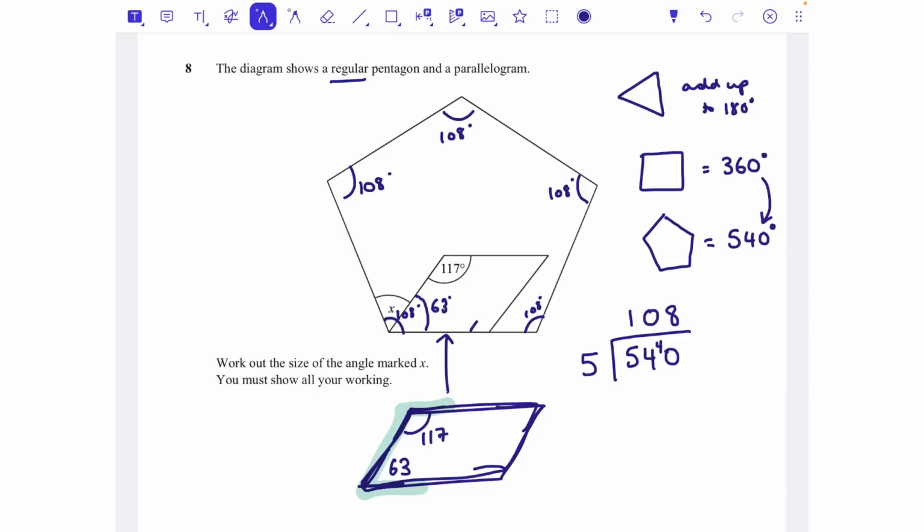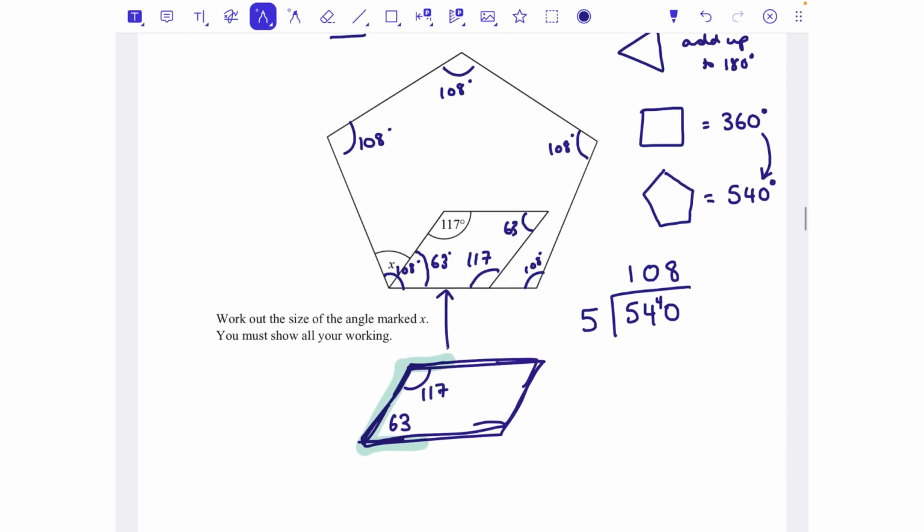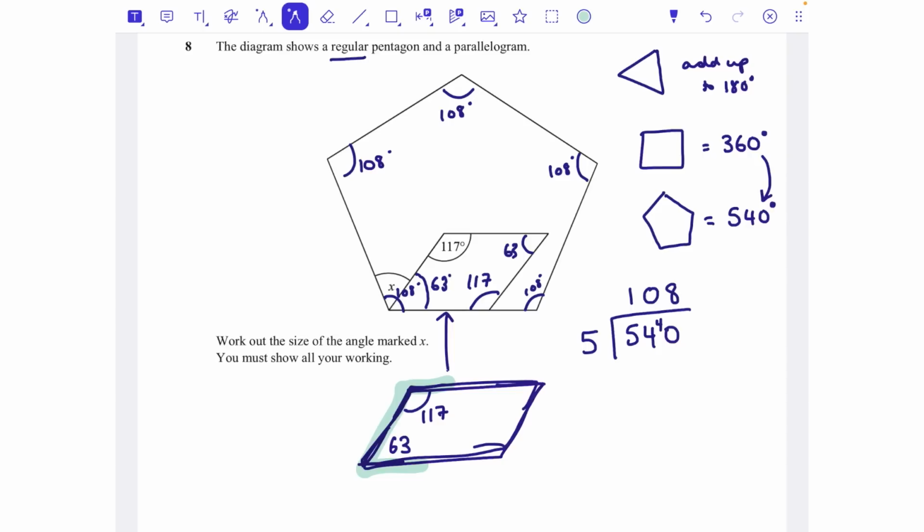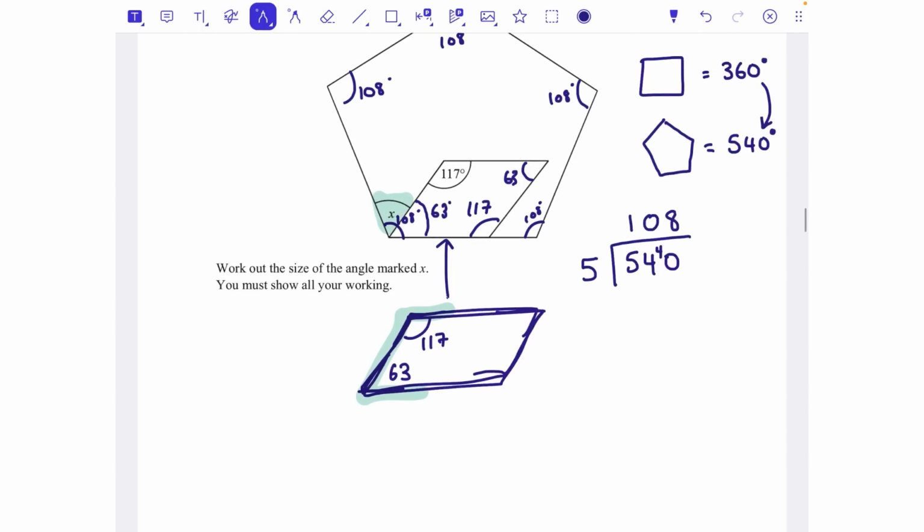Out of interest, this one would also be 117 and this one would also be 63, but we don't need those two. So now we can just work out that the angle marked X here is just 108 take away 63. So 108 take away 63. 8 take 3 is 5, and 10 take 6 is 4. So we're left with 45 degrees, and that's our answer for angle X.